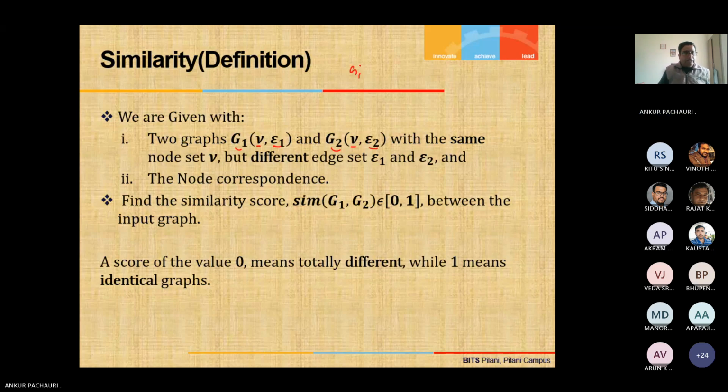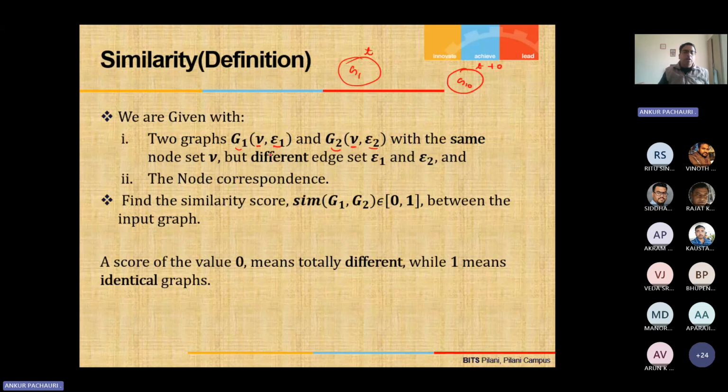G1 is one graph at a certain point of time t. Then the graph changes, which can be with respect to a dynamic graph, at t plus 10, ten hours later. The nodes remain the same, only the structure of the graph changes.